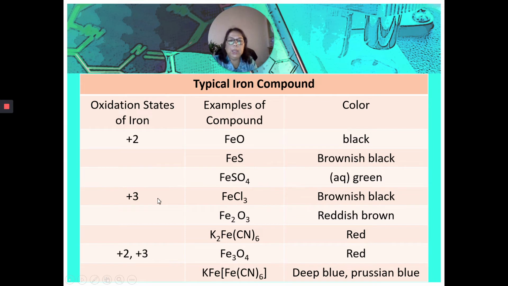For plus 3, with any halide, brown is black. With oxygen, red is brown. And then with metal potassium, ferricyanide, it is red. And both plus 2 and plus 3, you have red in color. And then for double potassium ferrocyanide, it is deep blue or Prussian blue in color.